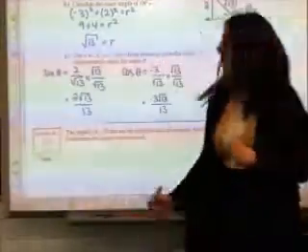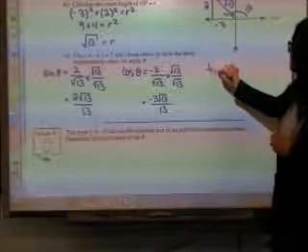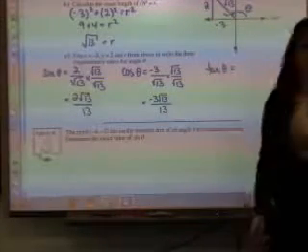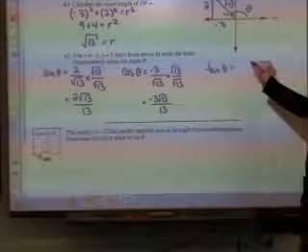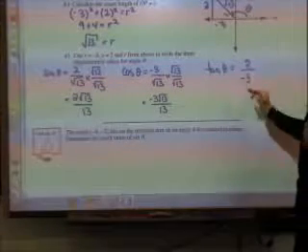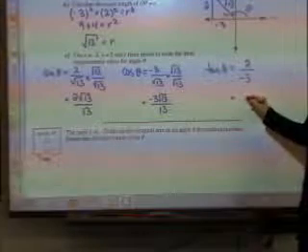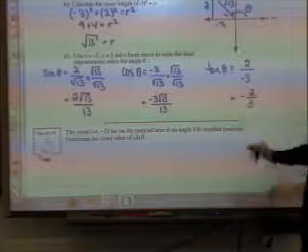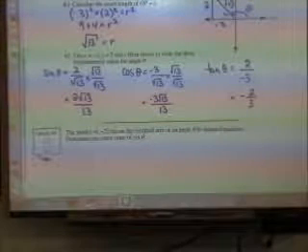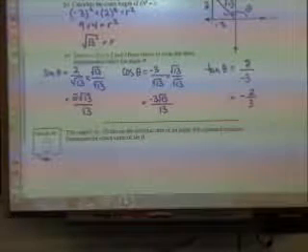And then what would tan theta be? So I get 2 over negative 3, which if I want, I can bring the negative out to the front, or kind of to the top, and I get negative 2/3.